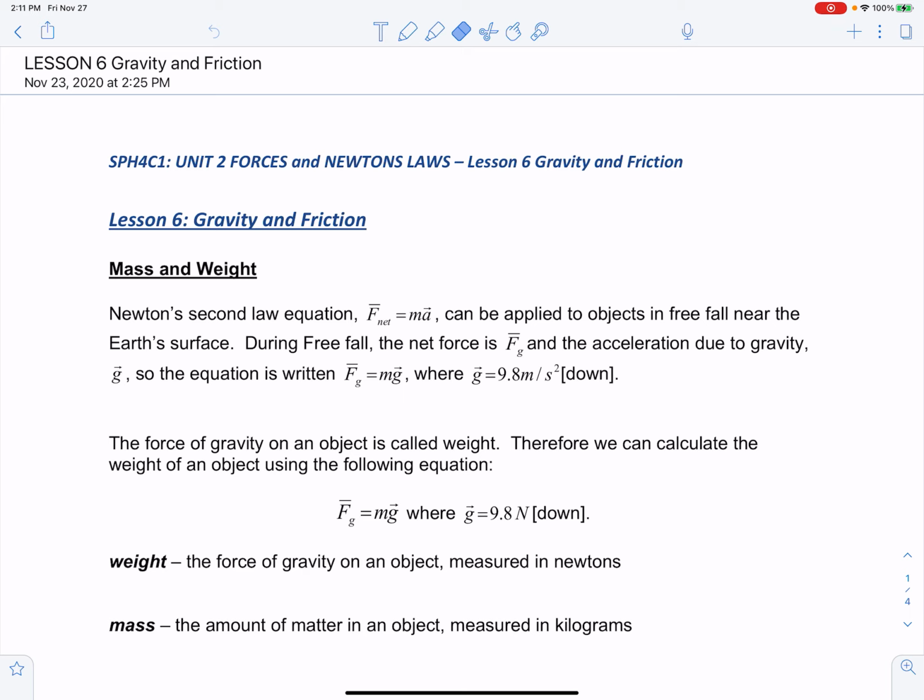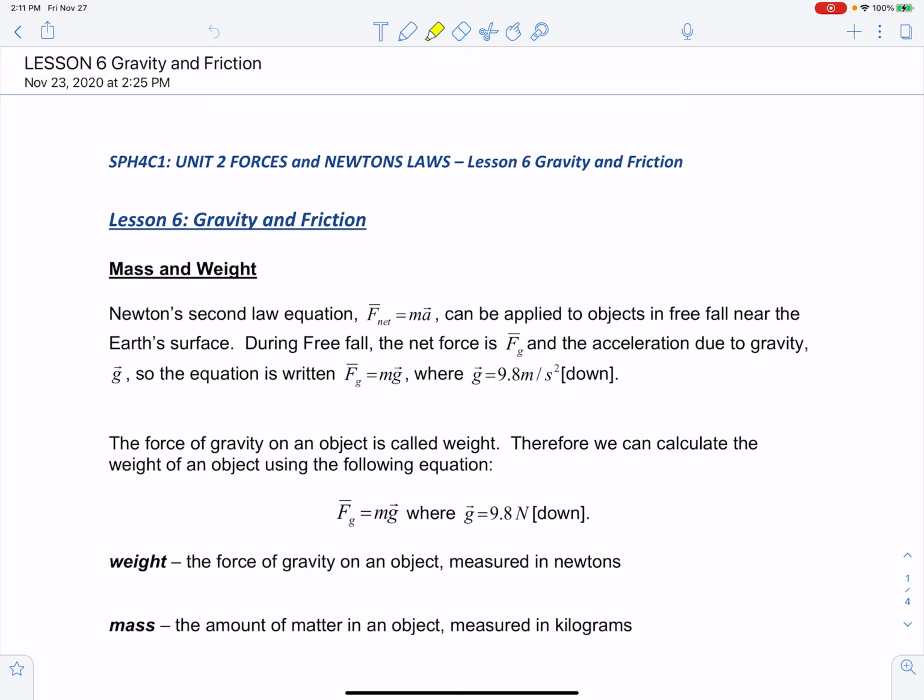Newton's second law equation, the net force equals mass times acceleration, can be applied to objects that are free falling near the Earth's surface. During free fall, the net force is equal to the force of gravity, and the acceleration due to gravity is 9.8 meters per second squared down.